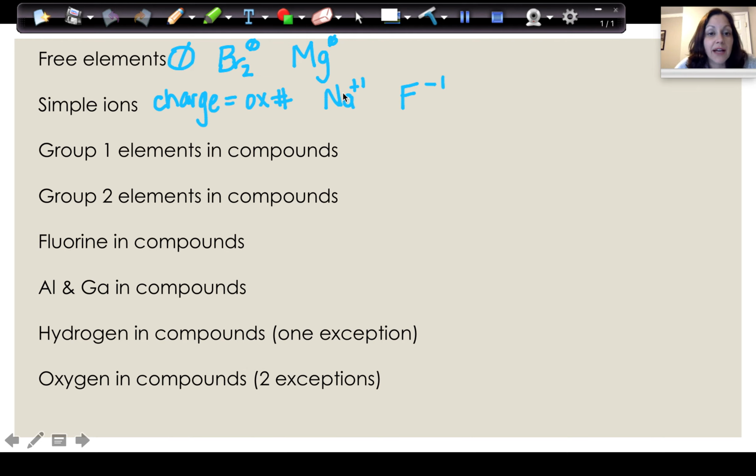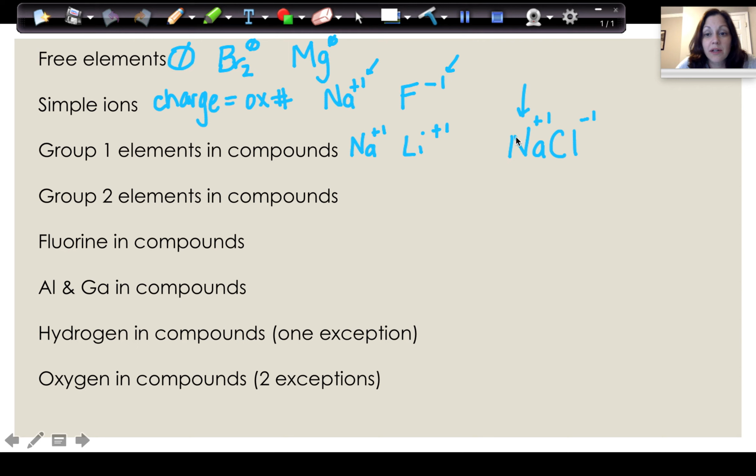For these simple ions, if a charge is already written, they're giving you the oxidation number. If you look at the periodic table, group 1 elements, for example sodium or lithium, in a compound can only possibly have a +1 charge. For example, in NaCl, sodium's oxidation number is +1, that's sodium in a compound, and chlorine's oxidation number is -1.